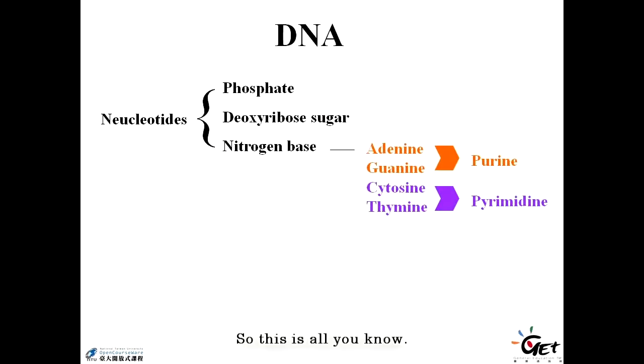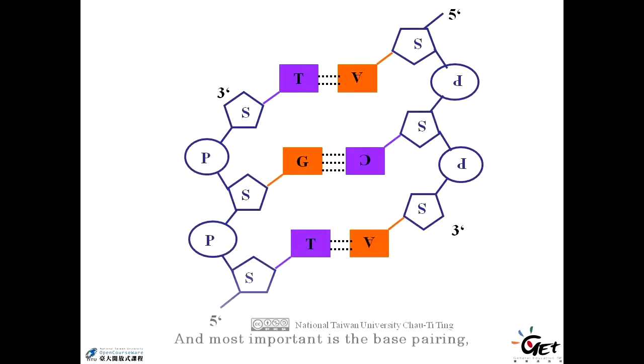Okay, so this is all you know. Last time I said most of our analysis is based on the DNA sequence. This slide reminds you of the basic components of the DNA, and most important is the base pairing and also the structure of the double-strand DNA.